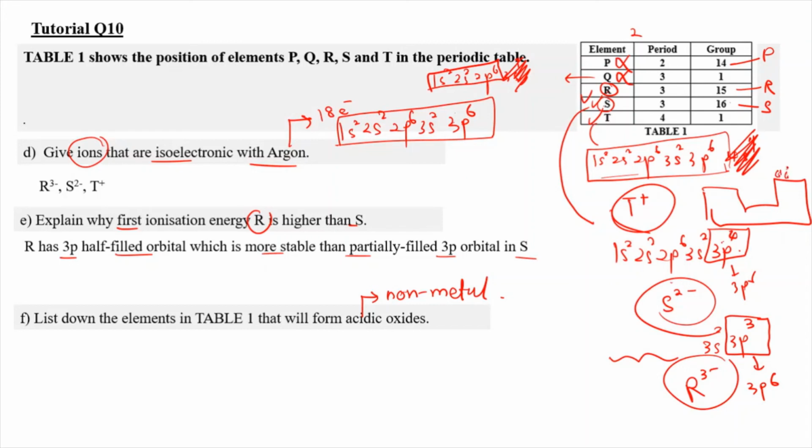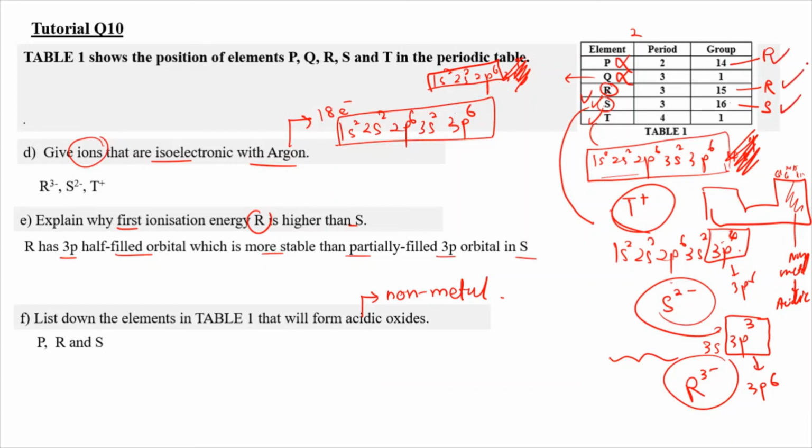This one is group 14, 15, 16, 17, 18. So this part here is the non-metal part, and non-metals form acidic oxide when they react with oxygen. So the answer here is going to be P, R, and S.